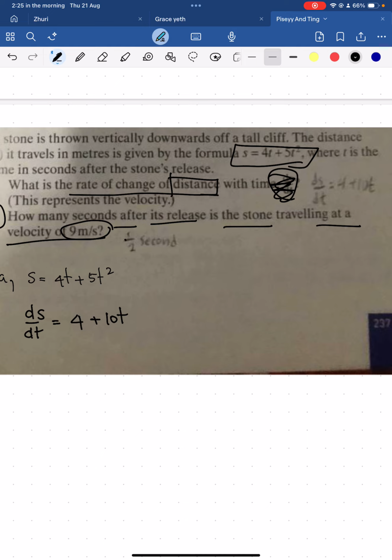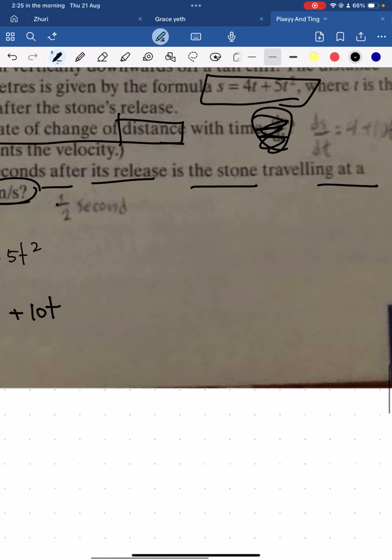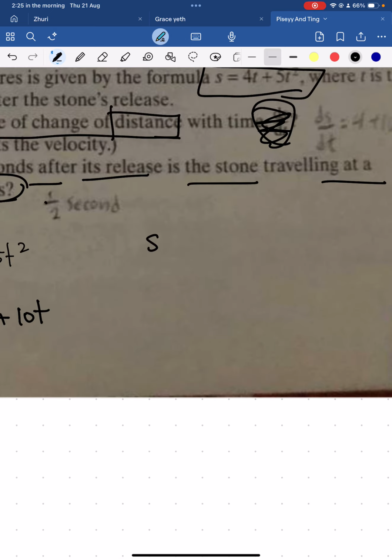Okay, b: how many seconds after it releases is the stone traveling at a velocity of 9? So what does that mean? You have to know one thing. s is displacement, right? It's like the equation of the position, and v is velocity.